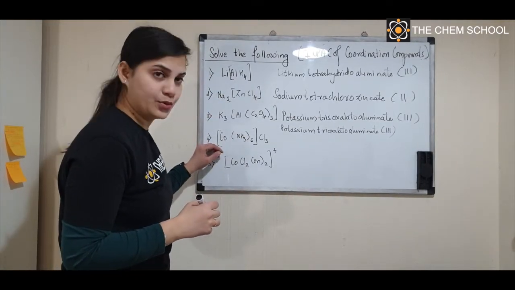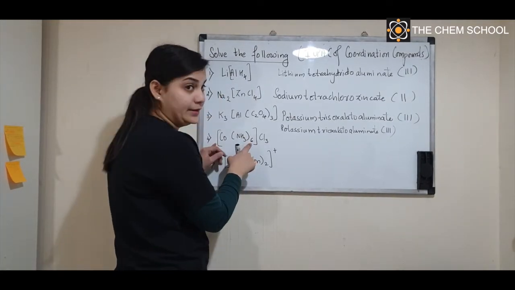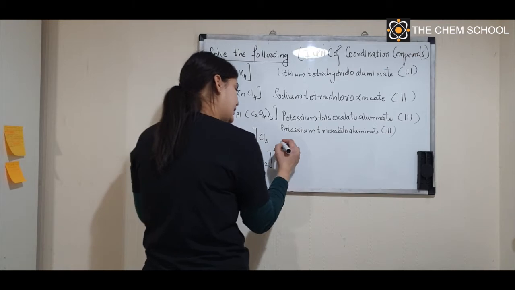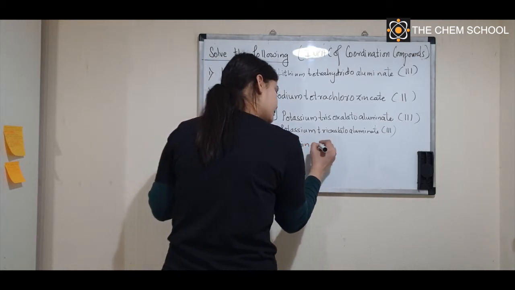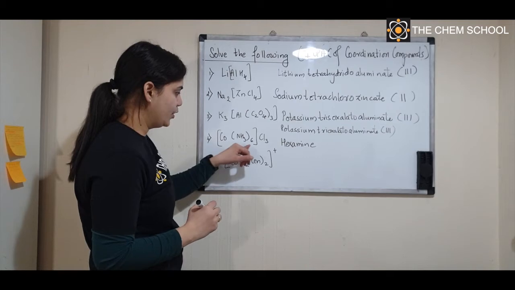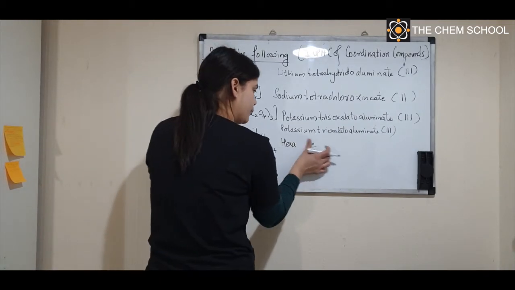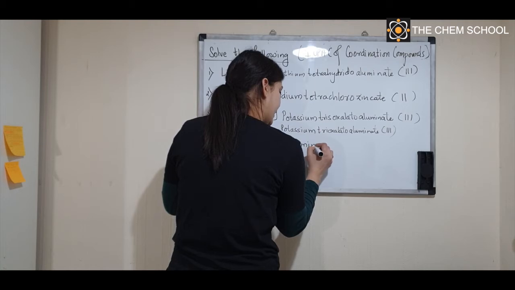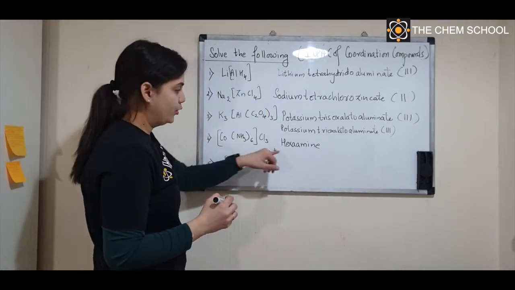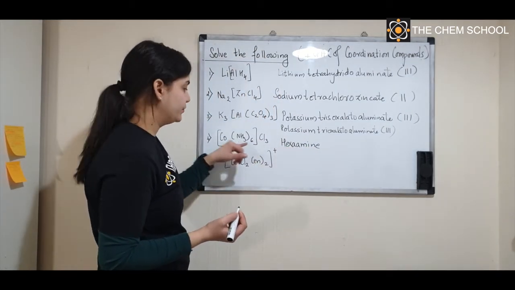Next one. Here you have ammine, 6 ammonia, so hexaammine. In some books you can see the letter A written two times, so we'll write hexaammine. You can remove the vowel as well, your choice.